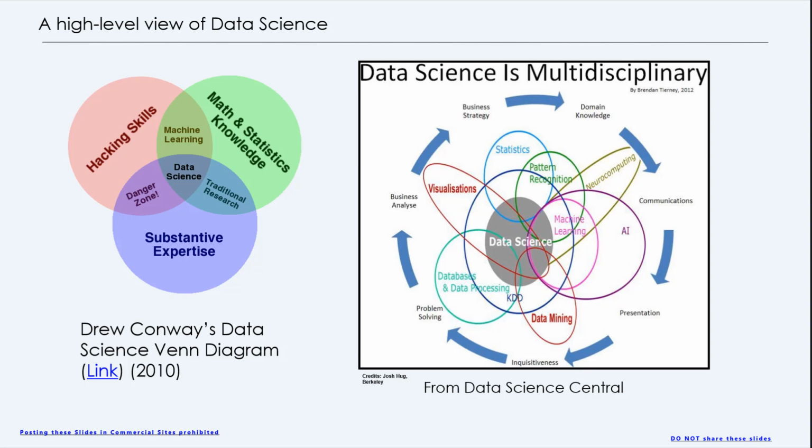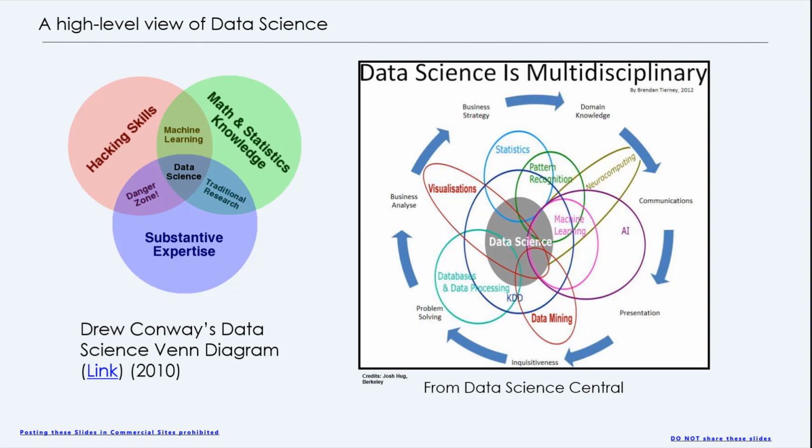Data science is interdisciplinary. For example, it contains math and statistics and expertise and hacking skills. So, for example, as a computer science person, you might have a lot of hacking skills. And then if you combine the hacking skills or CS with math, you create the field called machine learning.